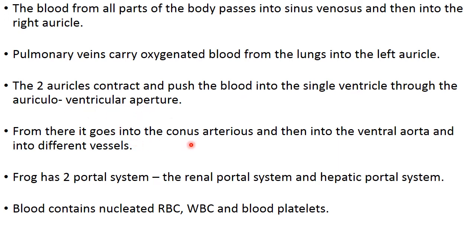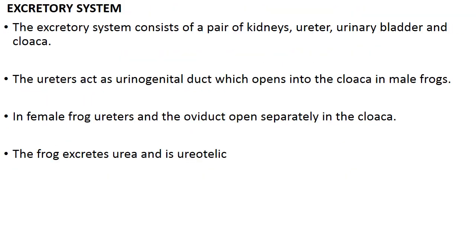From there it is going to go to the conus arteriosus and then into the ventral aorta and then into the different vessels. So frogs have two portal systems, the renal portal system that you have read and the hepatic portal system. Blood में nucleated RBCs हैं, WBCs हैं और blood platelets हैं.